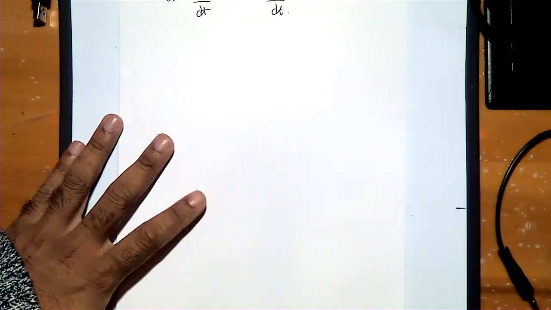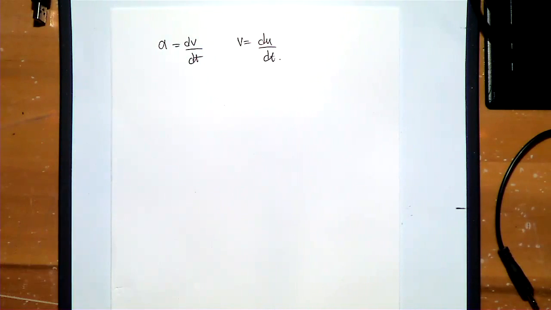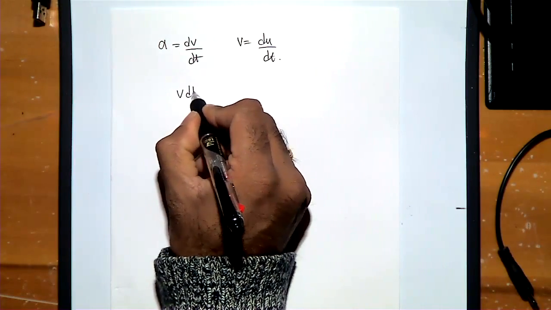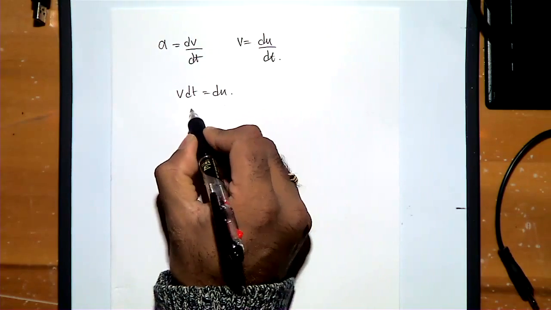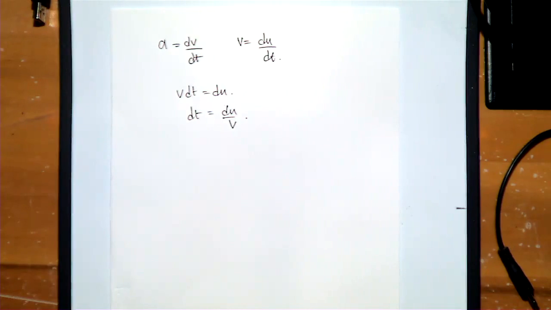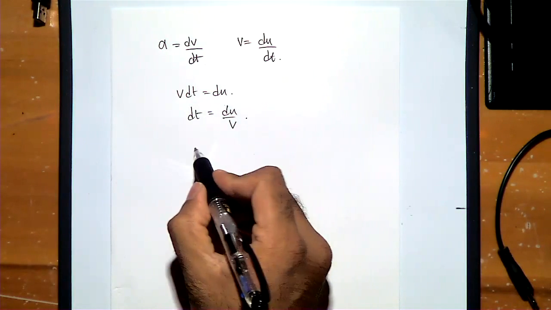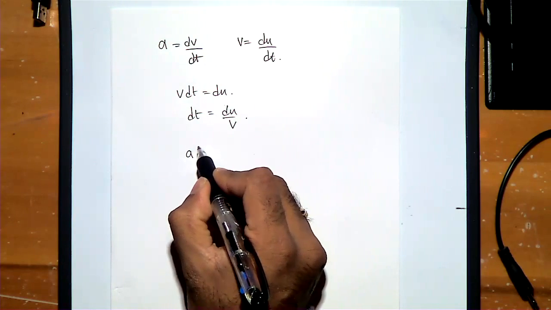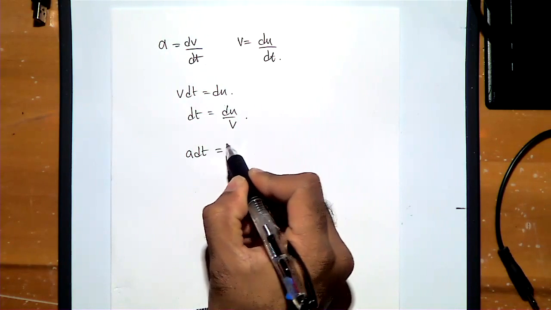If we write v dt equals du, and then dt equals du over v, we can then write a dt equals dv.